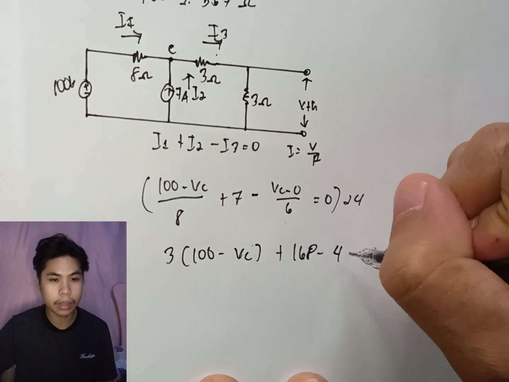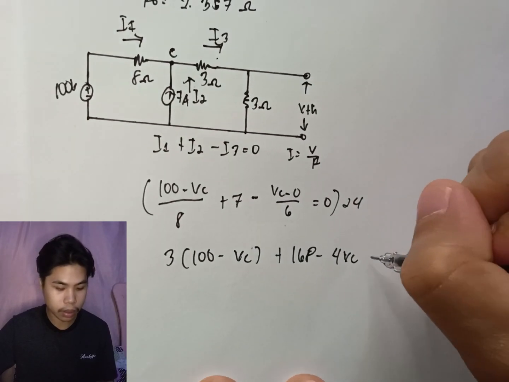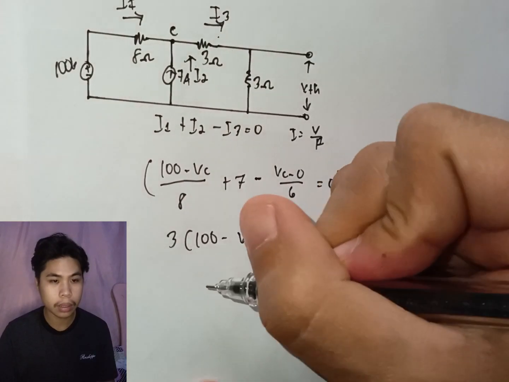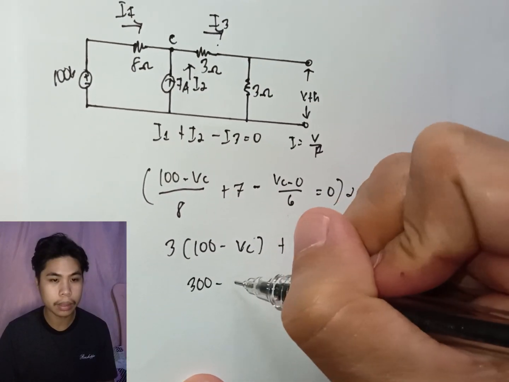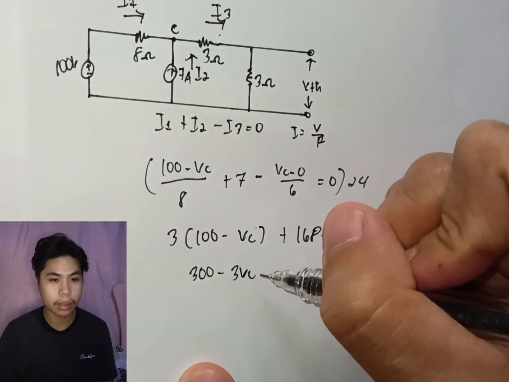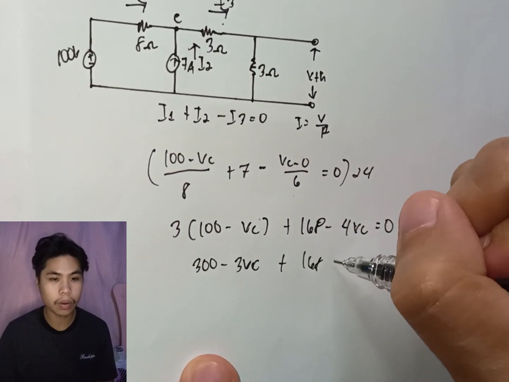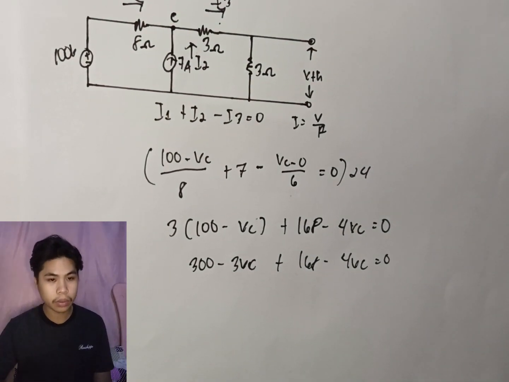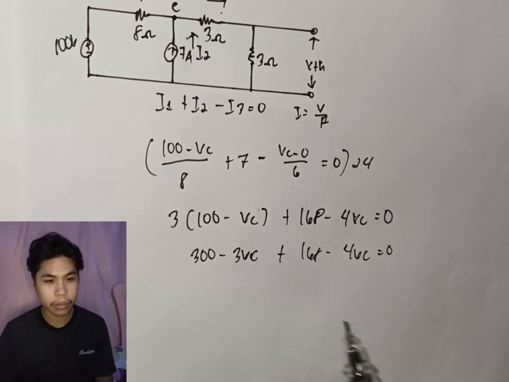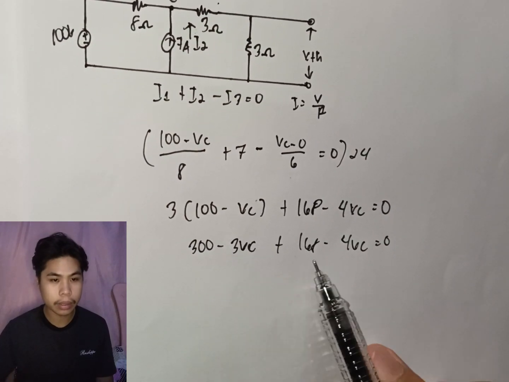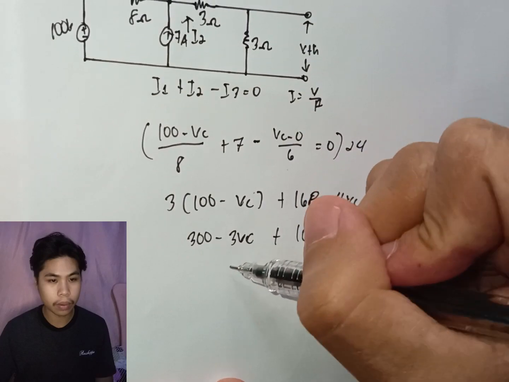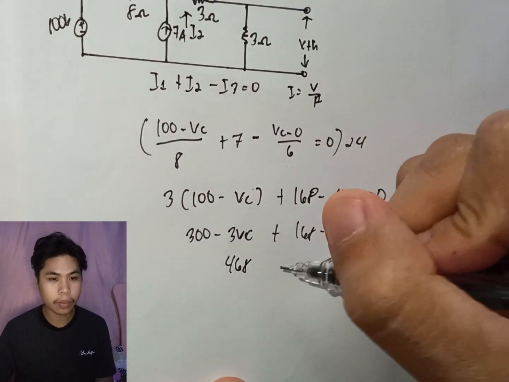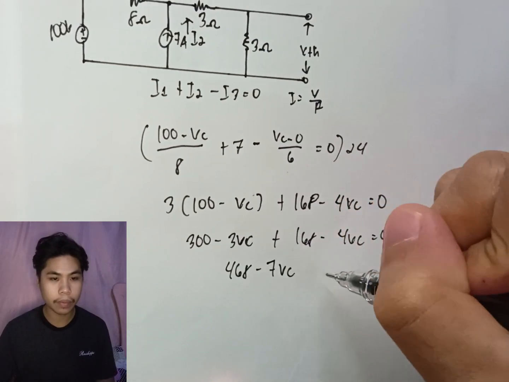So 4 VC, and it is equal to 0. So distribute: 300 minus 3 VC plus 168 minus 4 VC is equal to 0. So let's combine like terms. Yung 300 i-add natin sa 168, magiging 468. Yung 3 VC i-add natin sa 4 VC, magiging negative 7 VC, and it is equal to 0.